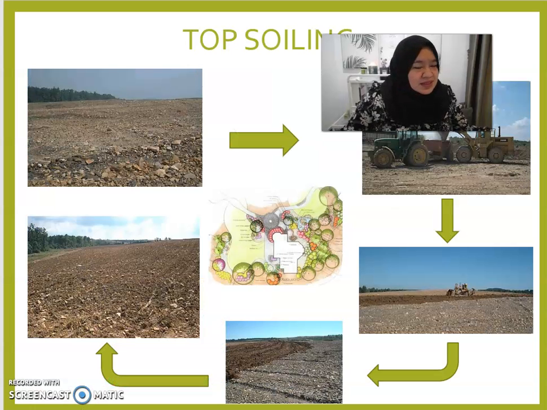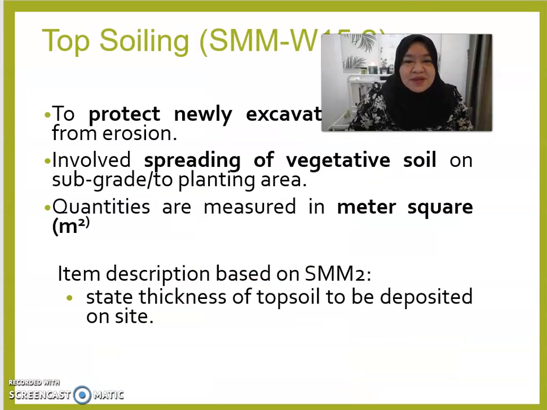Okay, the first one is the topsoiling. For the topsoiling, please refer to page 136. So what is topsoiling? Topsoiling is to protect the newly excavated soil surface from erosion and involves spreading of vegetative soil on the subgrade to the planting areas.